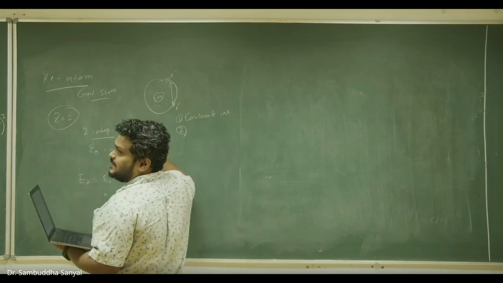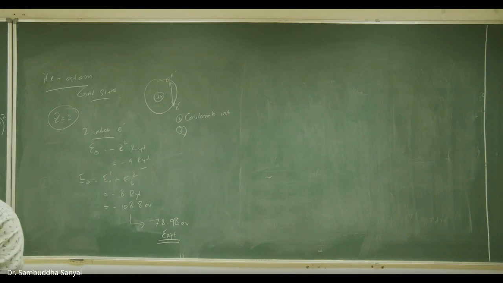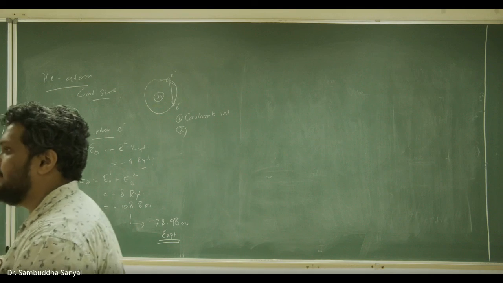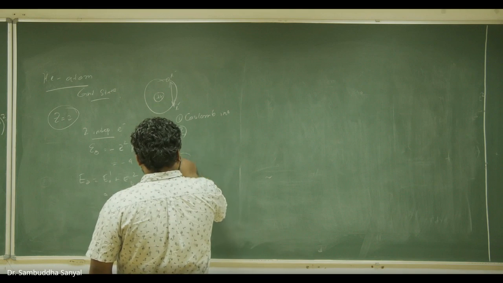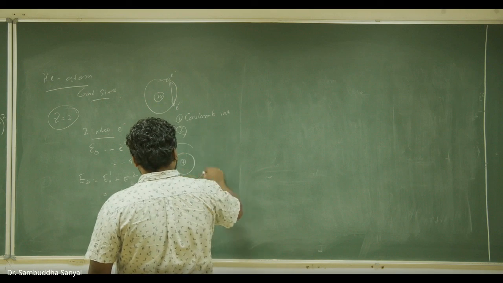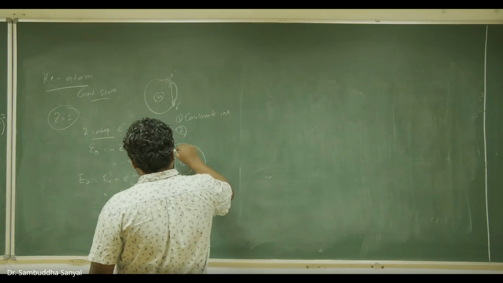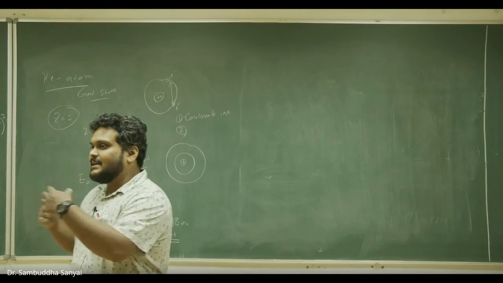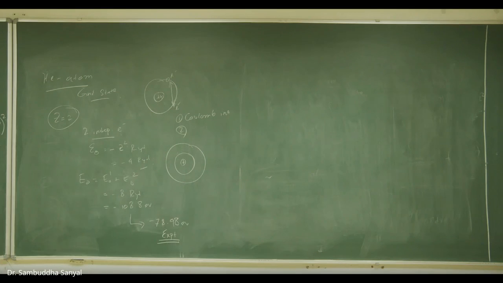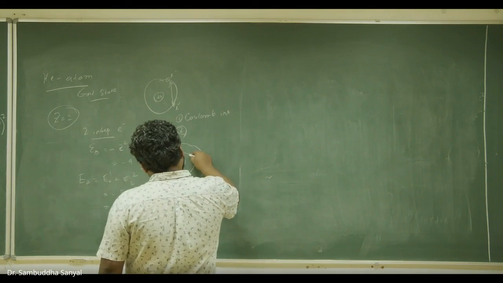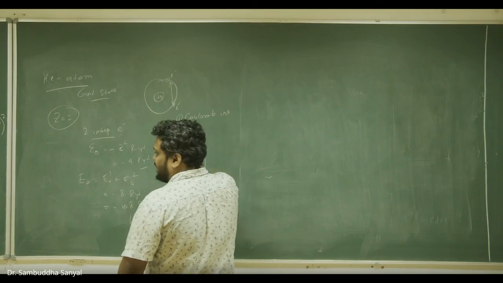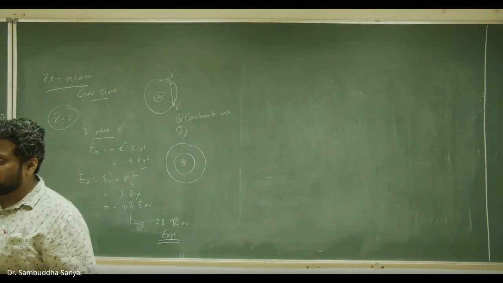Second factor is screening. Screening is something you have probably done in classical electrodynamics. It simply means if I have a positive charge and there is one electron and then another electron, then what one electron will see is screened by the other electron. It is like saying, even if I am in the same orbit, the other electron has screened some of the charge of this electron.